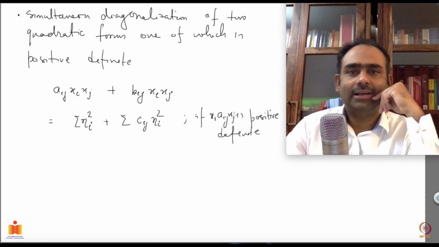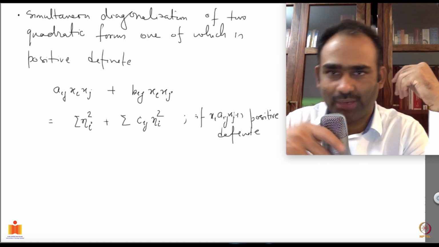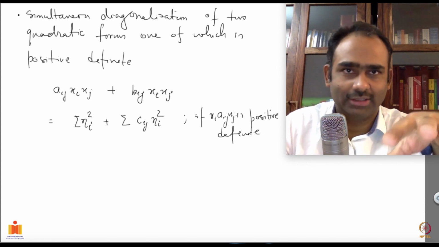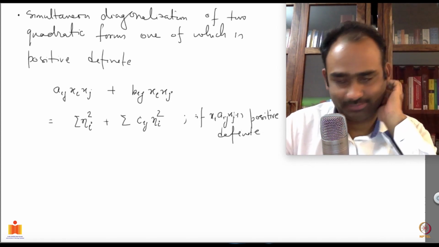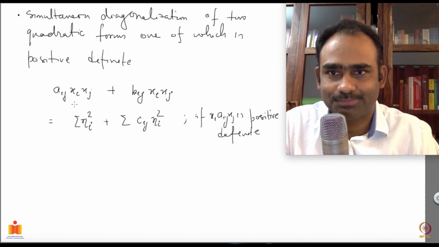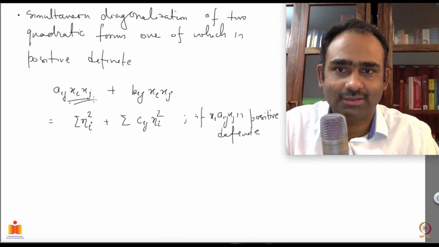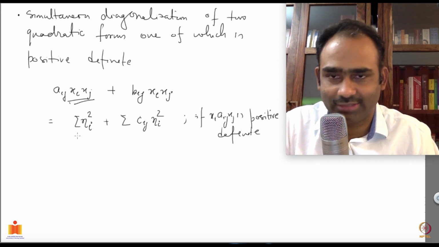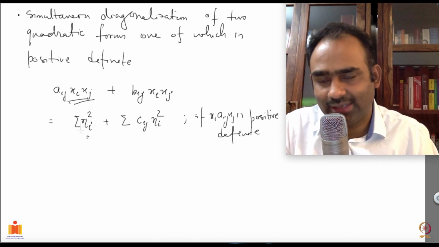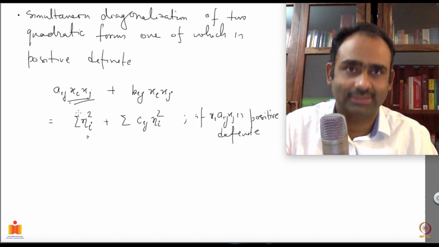Okay, so let me just say in words why this is going to work out. It's going to work out for the following reason, and I'll write down some equations to show you. Look at the first one. I have shown in the last few minutes that I can put this in this form, as a sum of zi squares.